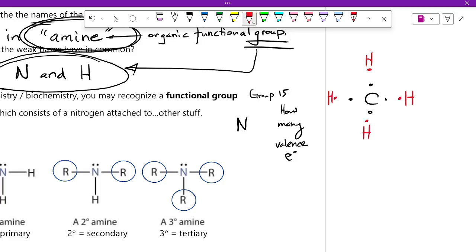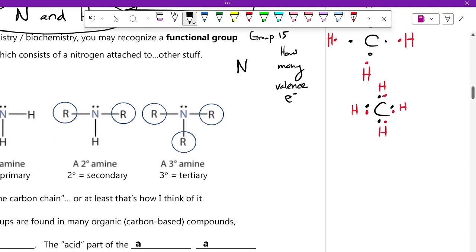Which would give us H, H, H, H. And we can replace that with lines representing the bond rather than the 2 dots representing the bond.